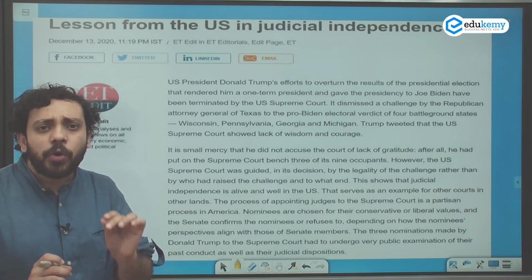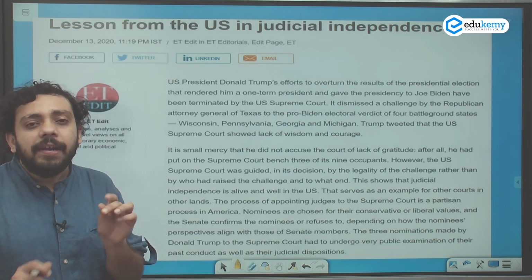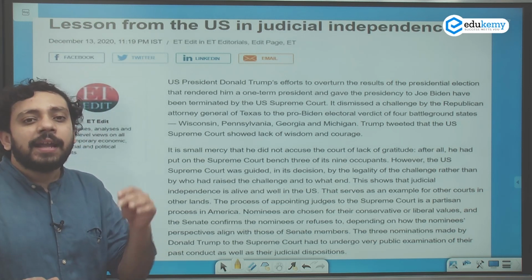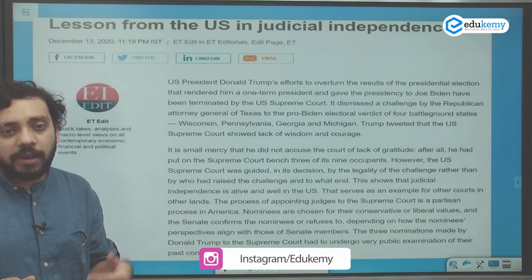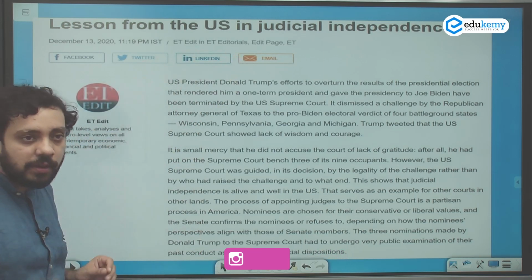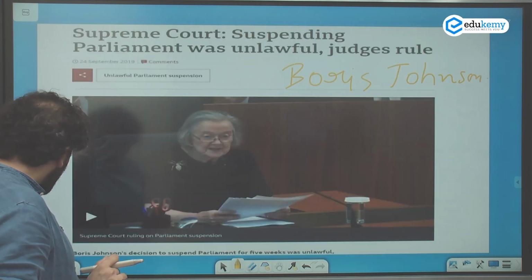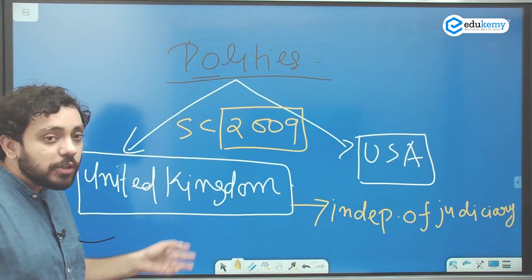The Supreme Court maintained its independence without yielding to any pressure from the central executive, deciding that there was nothing illegitimate or unfair with the process of election. This example was cited in the editorial as a lesson in judicial independence. So we have proof that the United States of America also has judicial independence.